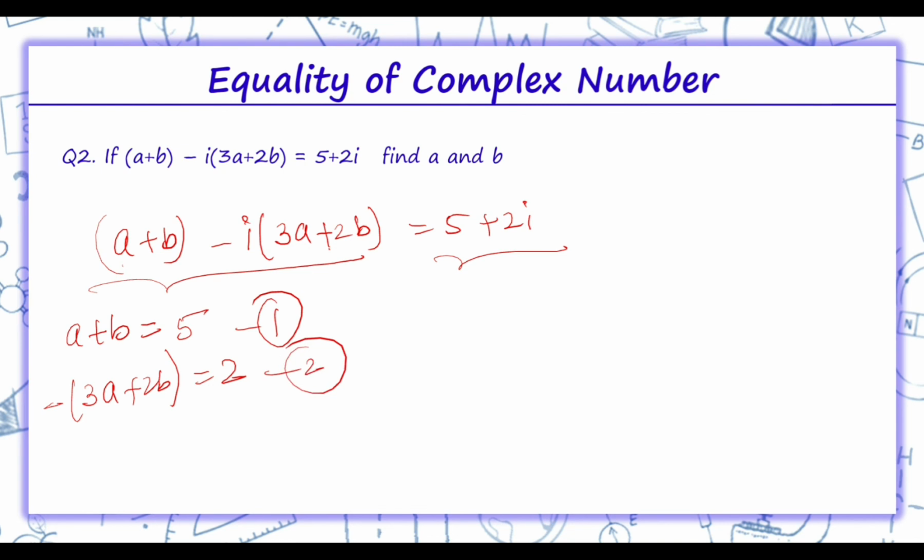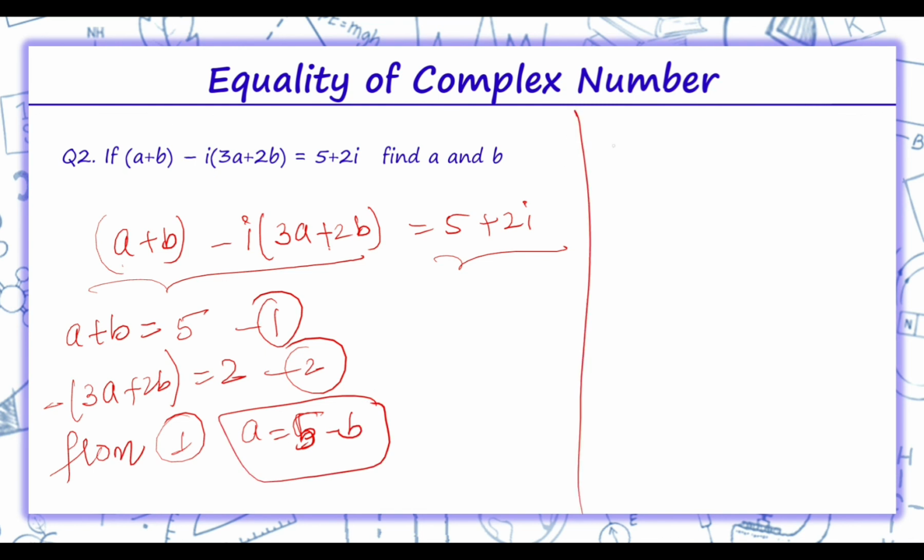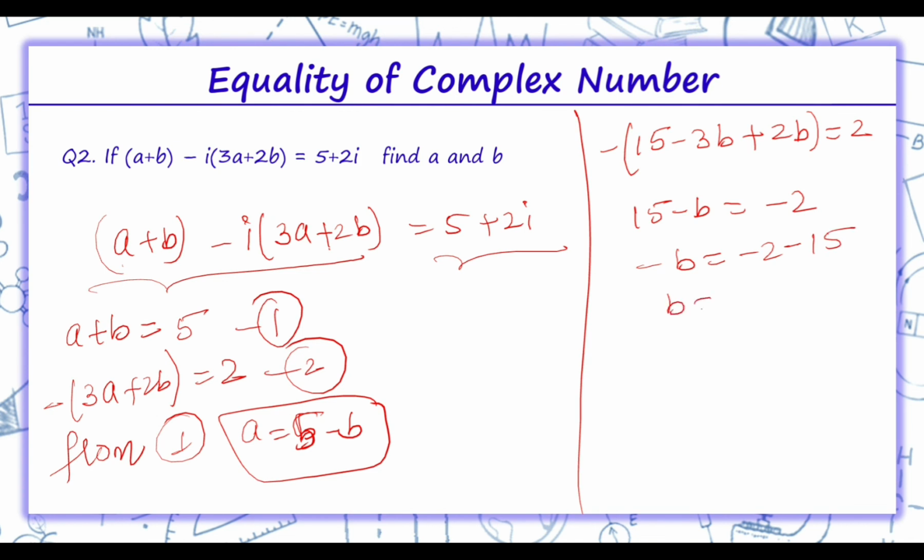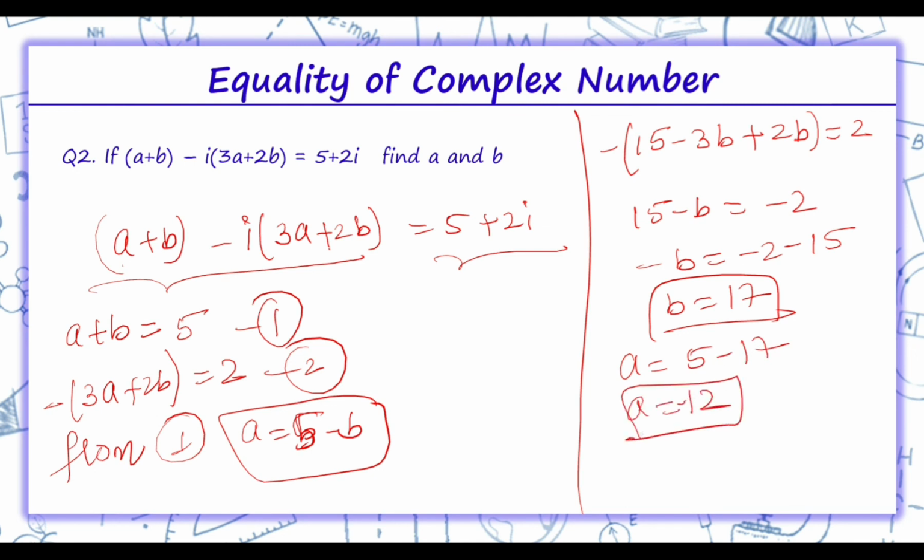When we solve these equations, from the first we get a equals 5 minus b. Putting this value in equation 2, we get 3 into 5, 15, minus 3b plus 2b equals 2. So 15 minus b equals 2. Here minus b equals minus 2 minus 15, thus b equals 17. So a will be 5 minus 17, a equals minus 12.